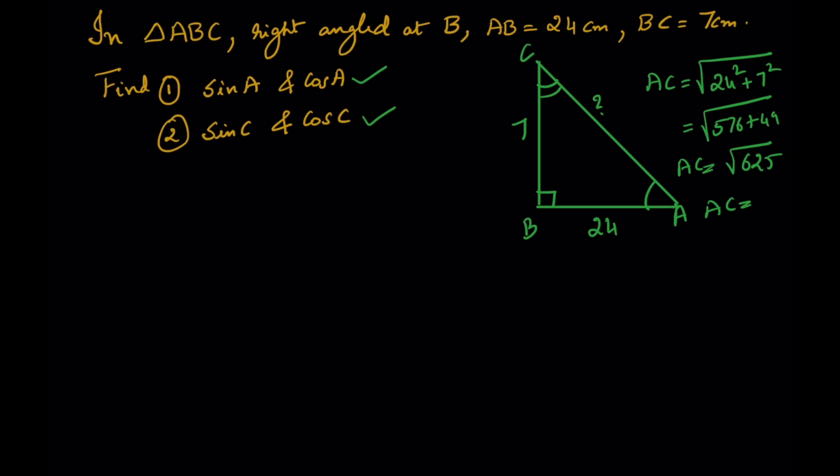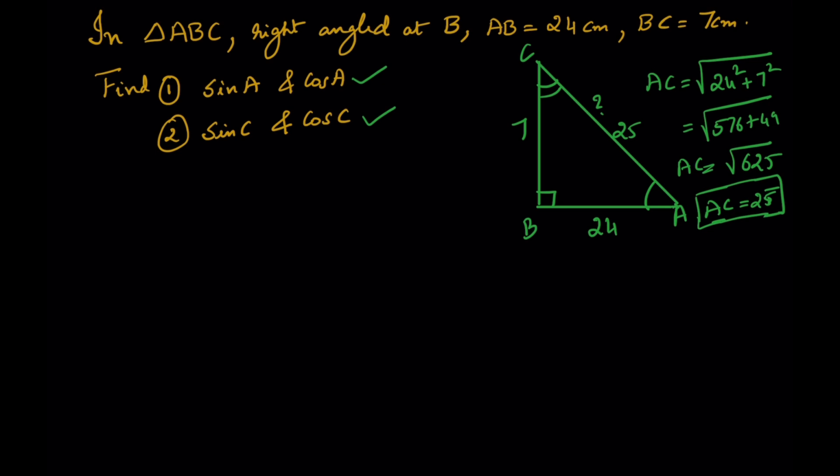So AC is equal to 25. So this will be 25, the hypotenuse. Okay, now we know the value of AC.